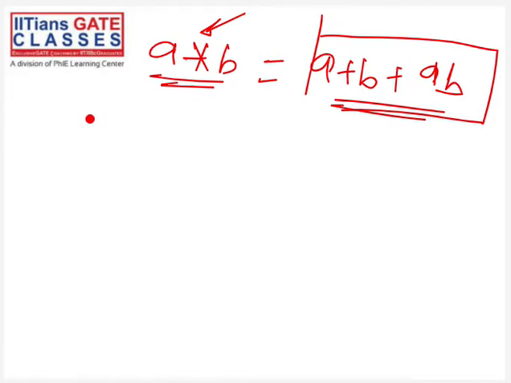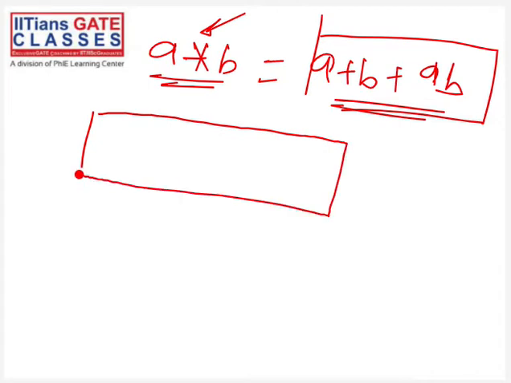Again, just like for associativity, we check for two variables. Do not take specific values, directly check for two variables a and b, and then check whether a star b is equal to b star a or not.